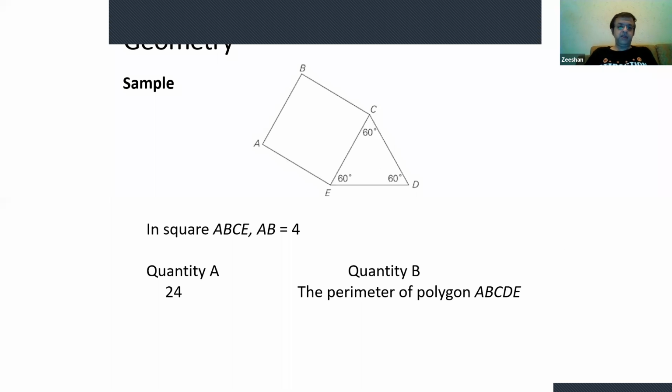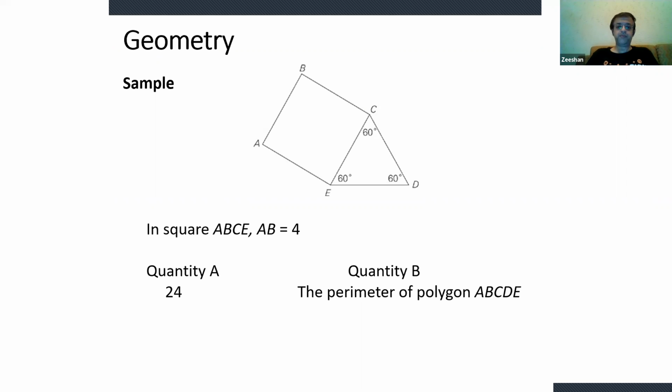Okay, let's look at another question from quantity comparison, but this time it's from geometry. This is a polygon that we have, A, B, C, D, and E. The question says in square ABCE, so it's talking about A, B, C, E. This is a square, so this means that all sides of the square should be equal.